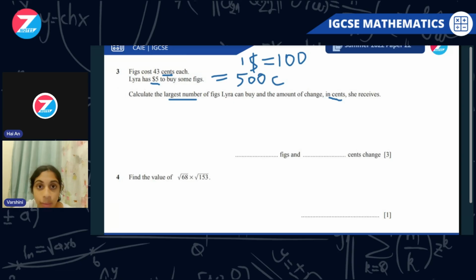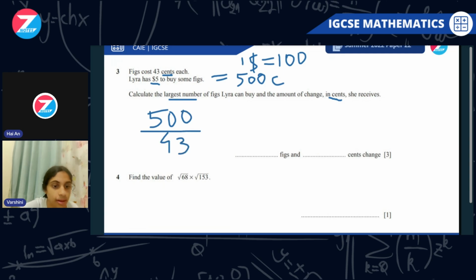Okay, now we want the largest number of figs that Lyra can buy. So to do this, we know that each fig is 43 cents and she totally has 500 cents. So we're going to divide 500 by 43. And if you put that in your calculator, you should get 11.6279 something.